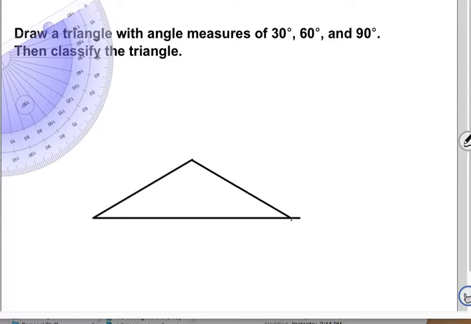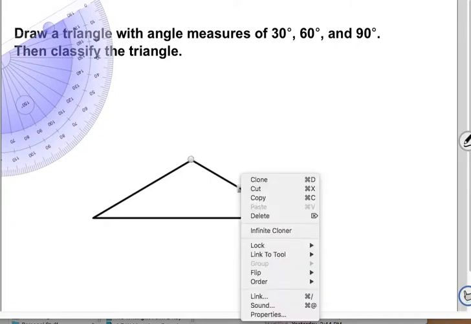That didn't work. I don't have it drawing up here because I can't get my protractor to let me do it the way I want it.